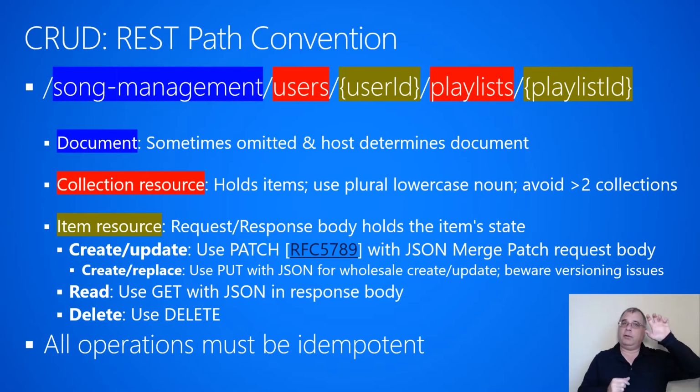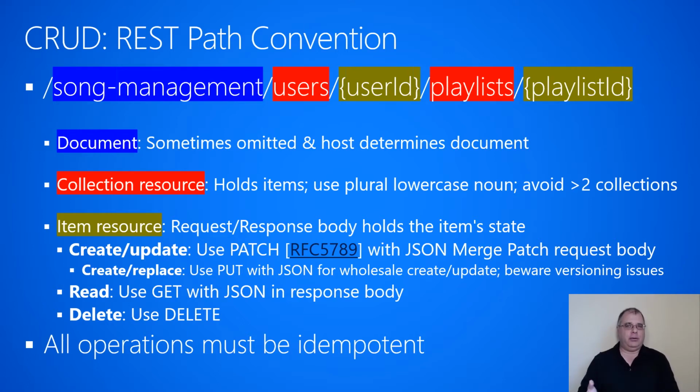So you go to the users collection to talk about a specific user identified by an ID. Then for that user, the playlist collection, and then under that, a playlist ID to indicate a particular playlist for that particular user. So now we have the item resources, which have IDs to represent them, and the request and response body will hold the item state here.